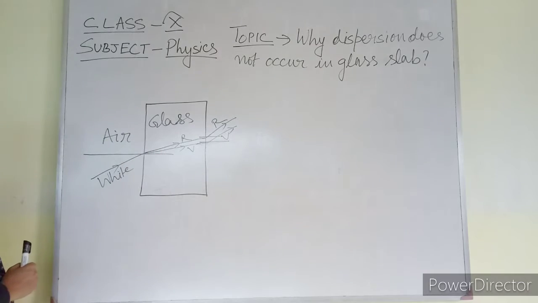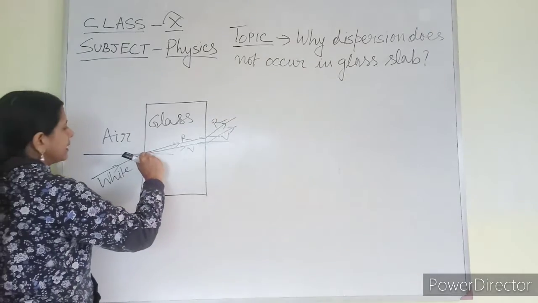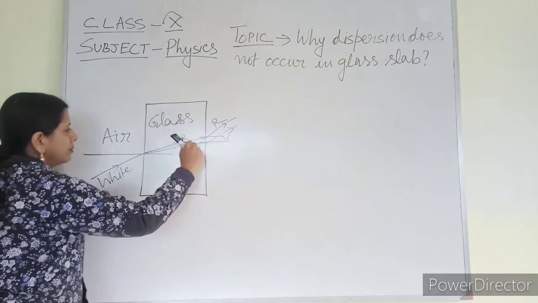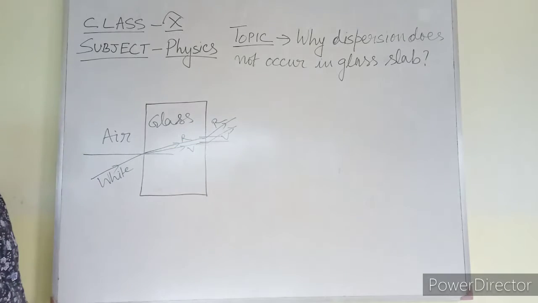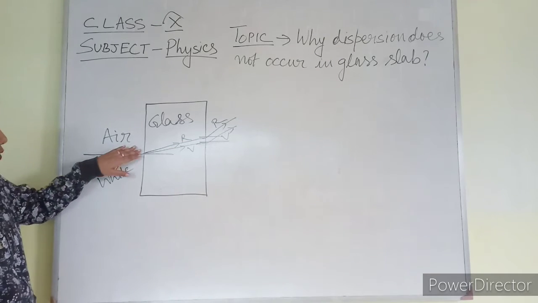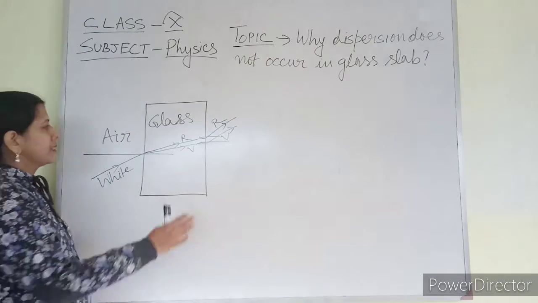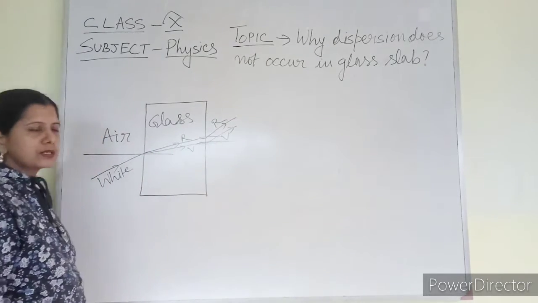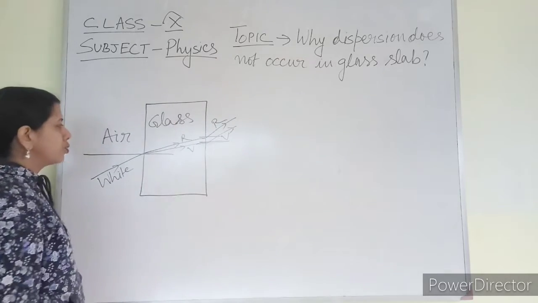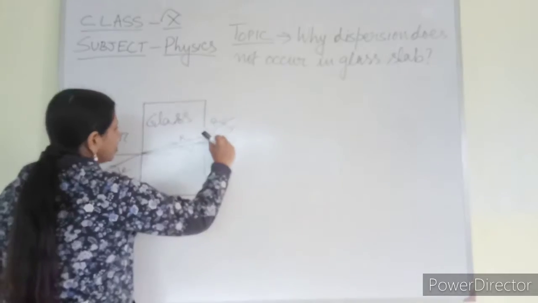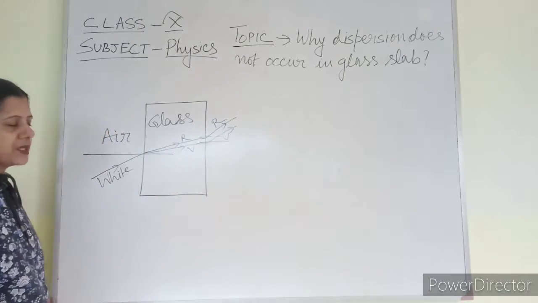When it is bending away from the normal, red light is bending least and violet is bending more, and in between red and violet all other colors are there. So that bending is occurring inside the slab. Okay. Now outside the slab, what is happening? They are emerging out. So here I can draw a normal and another normal can be drawn here.